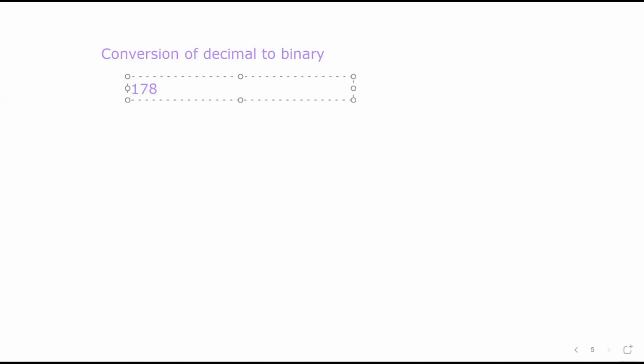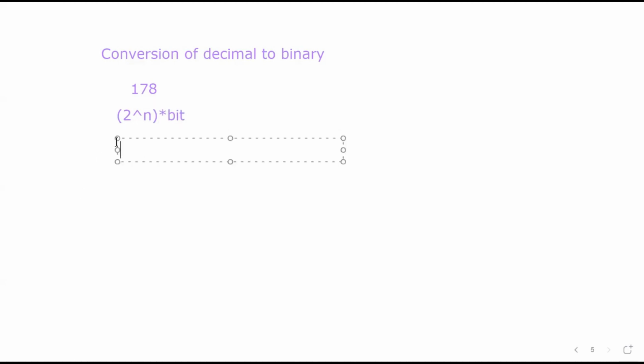Just like above, we use the powers of 2 for the bits, right? We can also take the shortcut. We also know what 2 to the power 1 is, what 2 to the power 2 is.